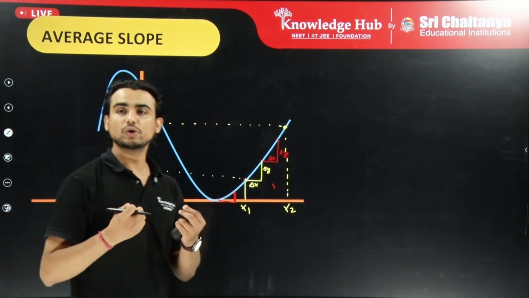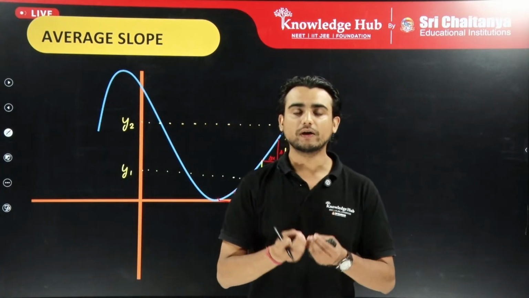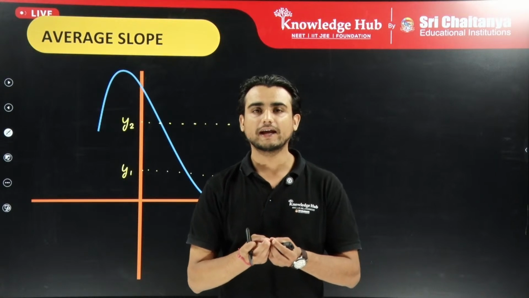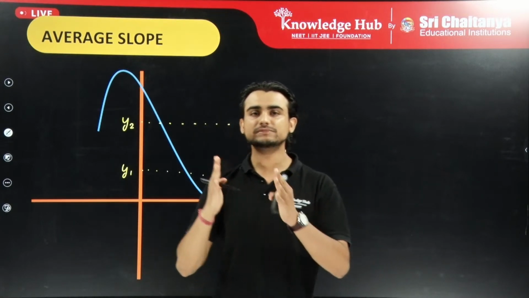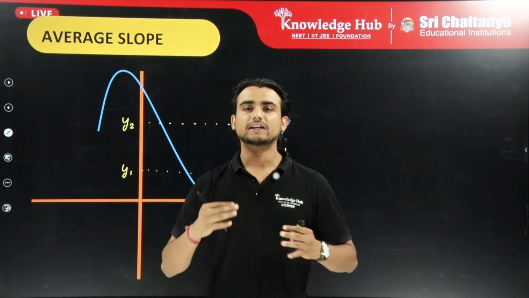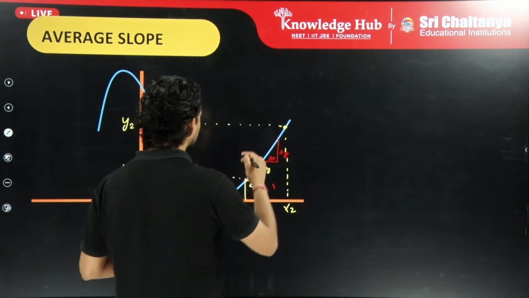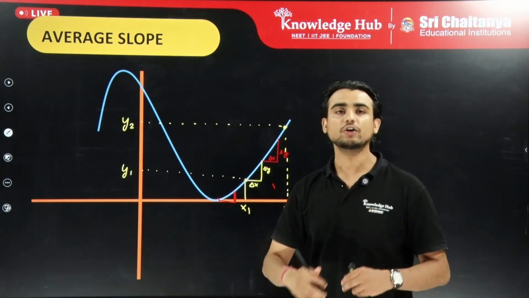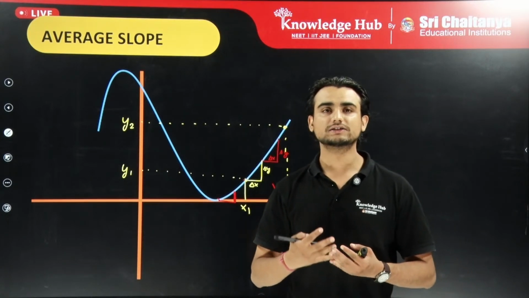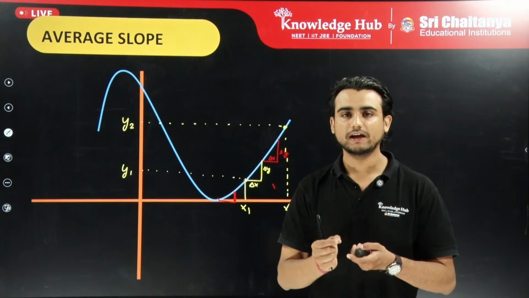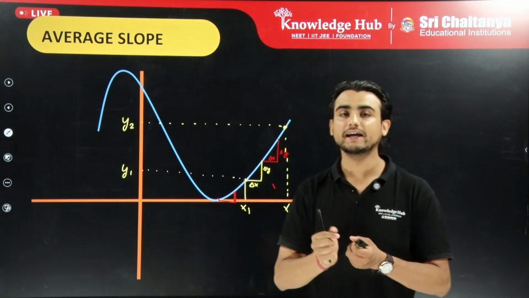So here the slope at each and every point is different, or I can say for the same change in x, there is a different change in y. So now what will happen? We cannot define a slope, right? Why? Because it is changing. So we will define an average slope.